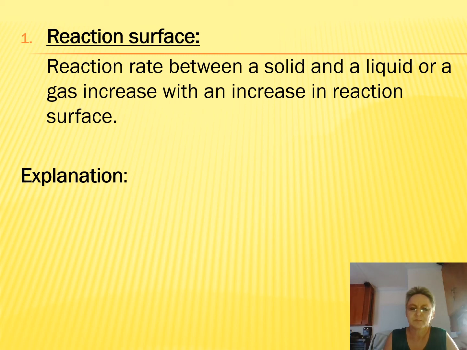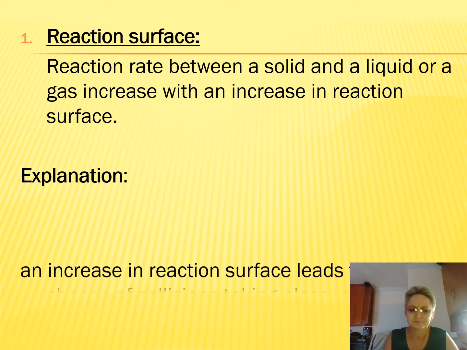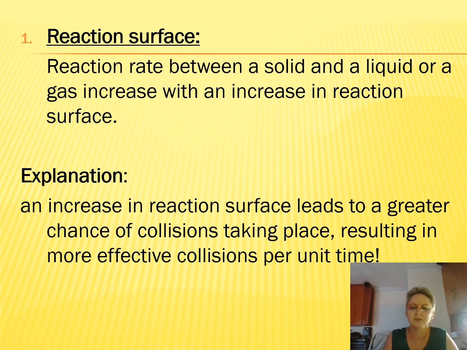Now, to explain this, an increase in reaction surface leads to a greater chance of collisions taking place, resulting in more effective collisions per unit time. So this is using the collision theory to explain why the reaction surface affects the rate of the reaction.